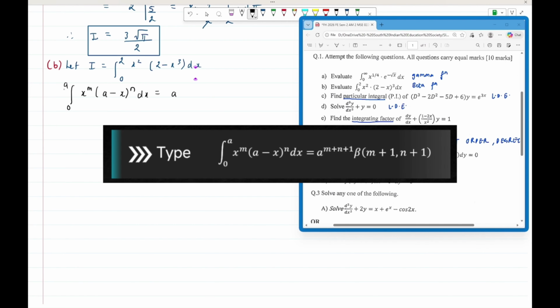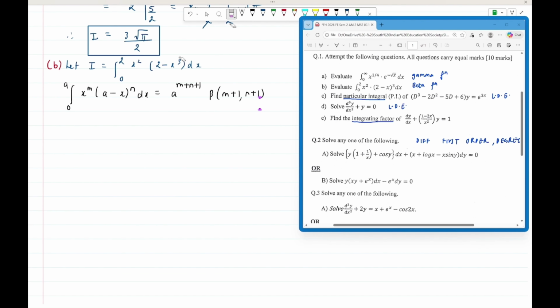The value of this is given as a raised to m plus n plus 1 times beta of m plus 1 comma n plus 1. Here we have made a slight mistake, so this cube is going to be for the whole 2 minus x. Now if we compare this formula with the given expression, we can see that the value of a is 2.